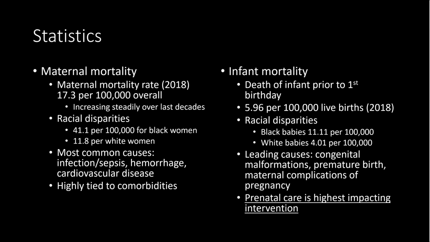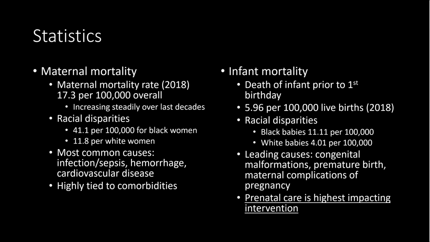The reason why is that if a mom has adequate and routine prenatal care, a lot of times we can identify complications early on and treat and manage those. We can identify who is at an increased risk for premature birth and implement interventions to prevent that.